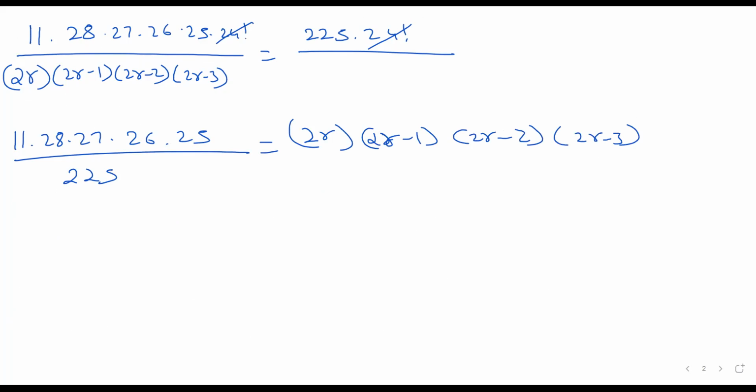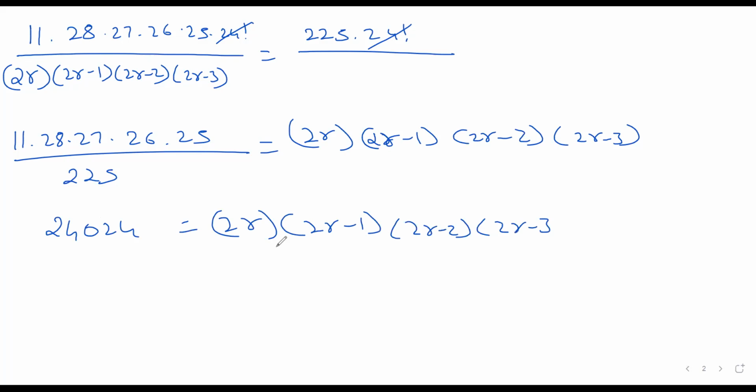So this is 11 into 28 into 27 into 26 into 25 divided by 225, which is 24024, equal to 2r, 2r minus 1, 2r minus 2, 2r minus 3. Now let us express 24,024 as a product of 4 consecutive numbers.